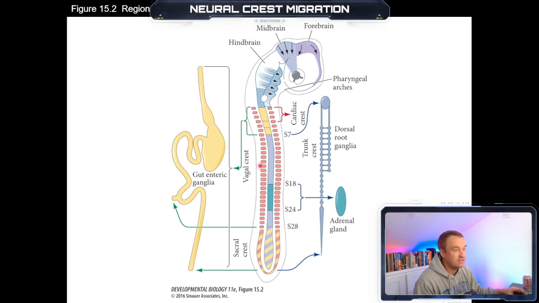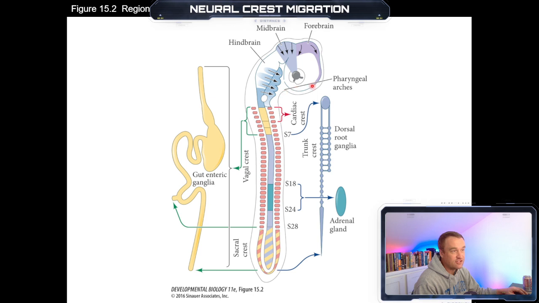So here's an image depicting, in a chick, the regions of the neural crest and their migration. The cranial neural crest migrates into the pharyngeal arches in the face to form the bones and cartilage of the face and neck.